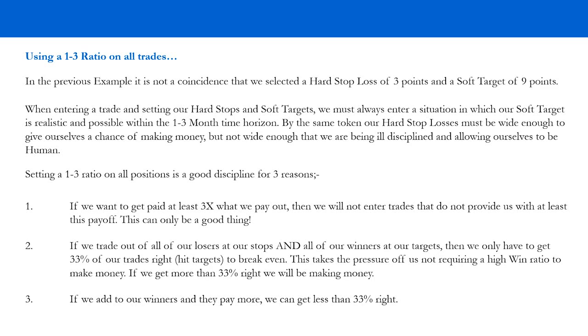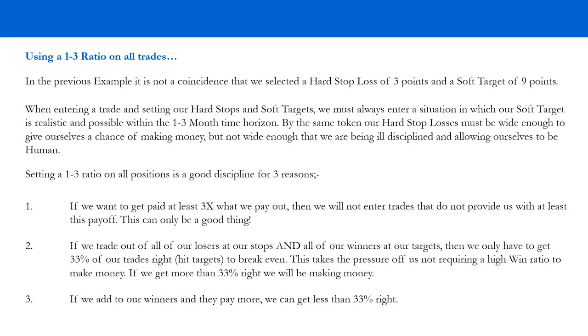So let's have a look at this 1 to 3 ratio. On our previous example, we had euro dollar short at 130 and a 3 big point stop loss and a soft target of 9 points, so a soft target of 121.